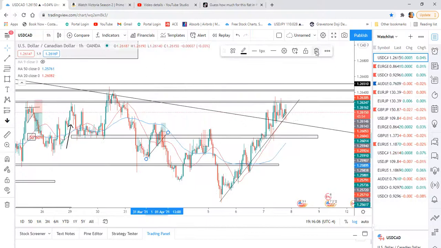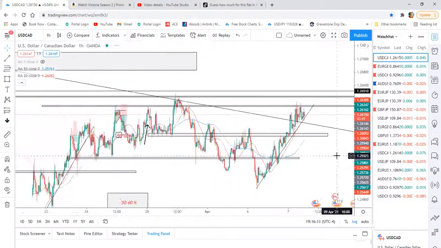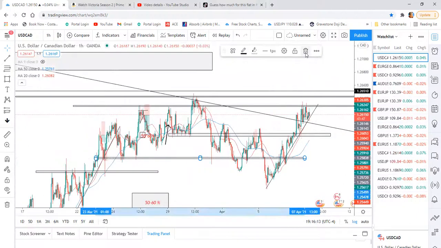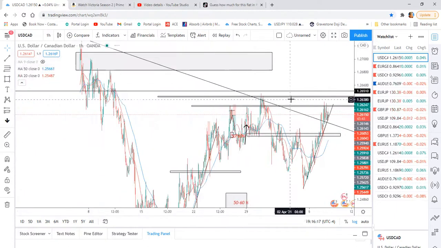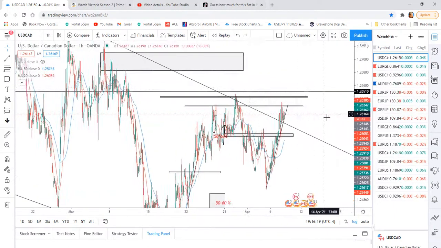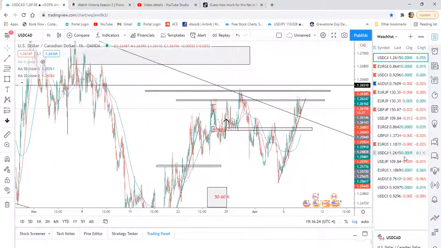Everything else can go. So let's see what price is going to do right here.